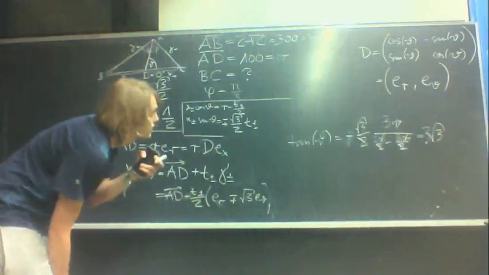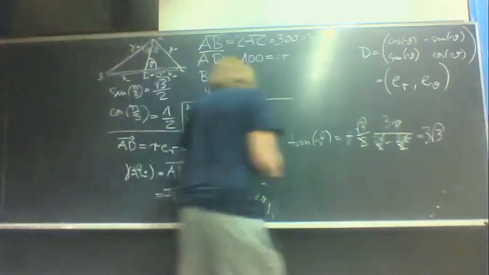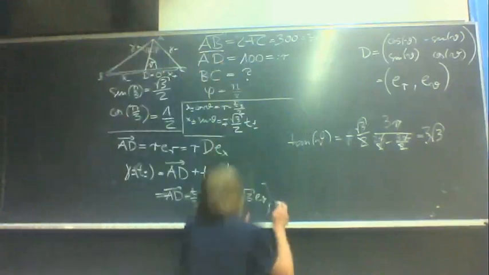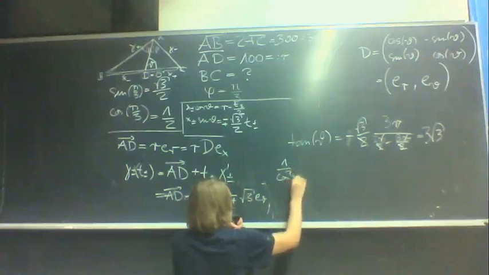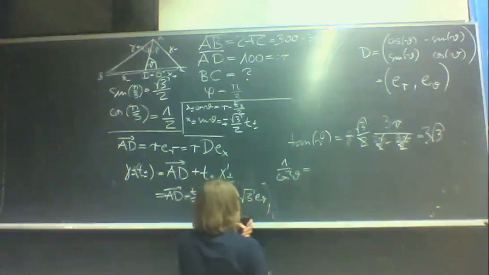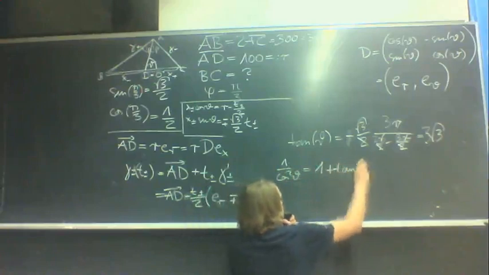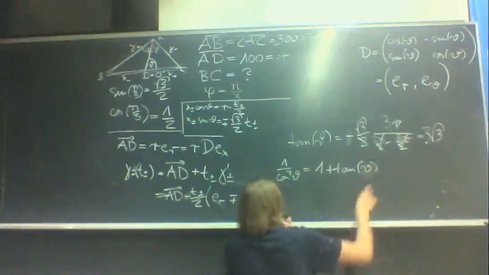Okay. But we also know that 1 over cosine squared of theta is equal to 1 plus tangent squared of theta.